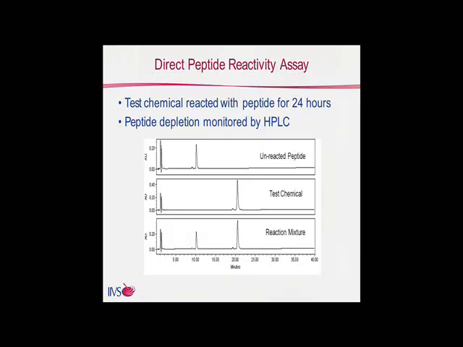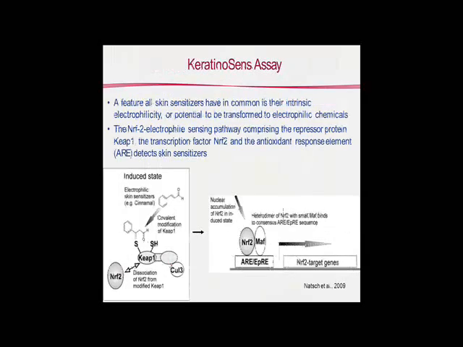Lastly, the KeratinoSens assay. Once again, the rationale is that a feature that all sensitizers have in common is that intrinsic electrophilicity, or their potential to be transformed into electrophilic chemicals. In this assay, we're using a molecular pathway, the NRF2 electrophile sensing pathway, which comprises the repressor protein KEAP1, the transcription factor NRF2, and the antioxidant response element to detect skin sensitizers.